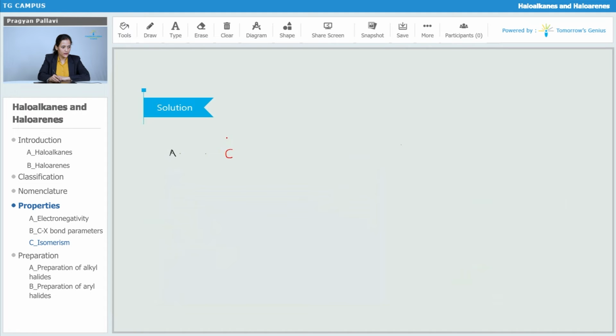We have C, H, then C2H5 at this position, CH3 here, then Cl. We swap this one with this one. After swapping, it will be C, Cl, this will now be C2H5, this will now be CH3, and this will now be hydrogen.